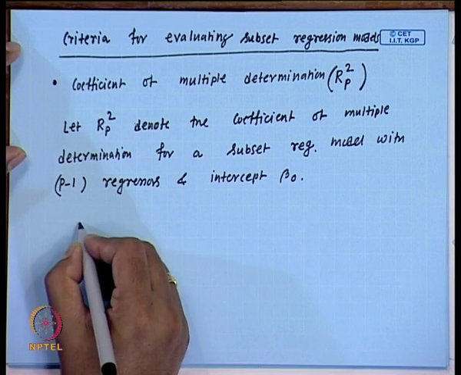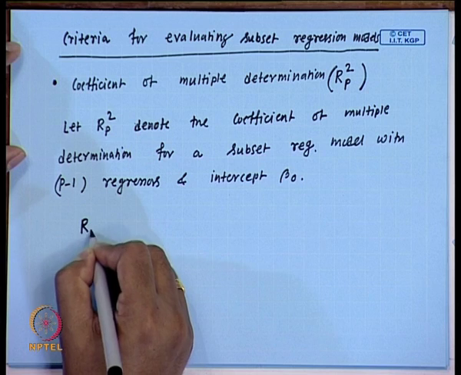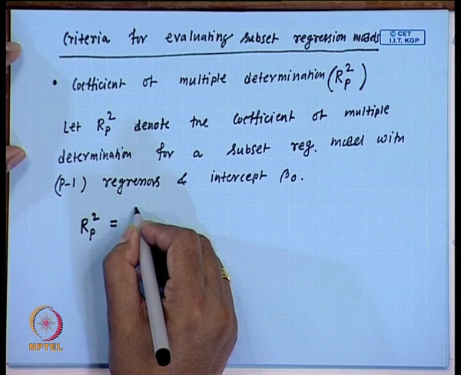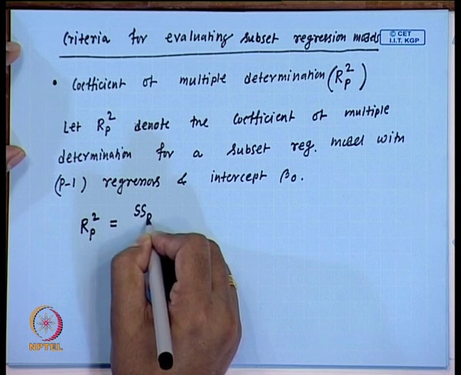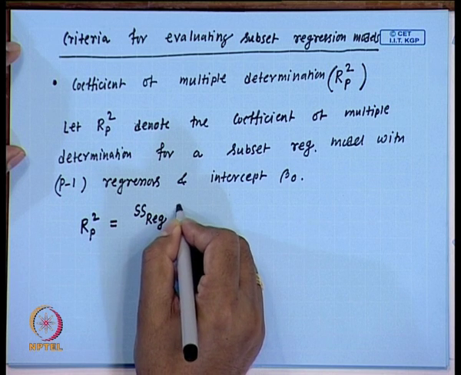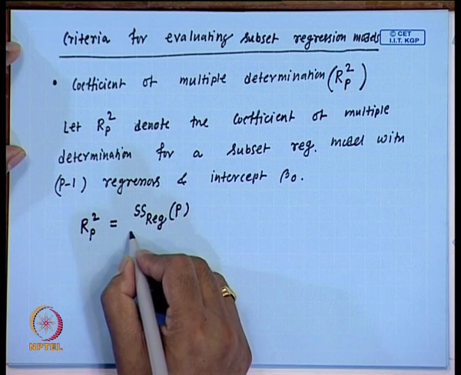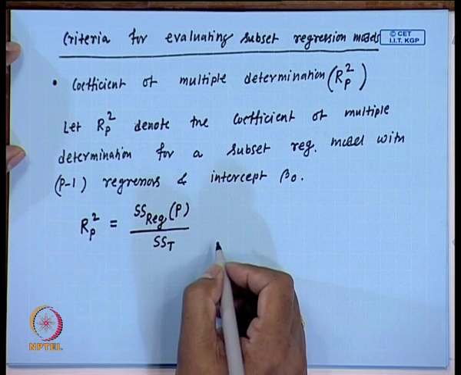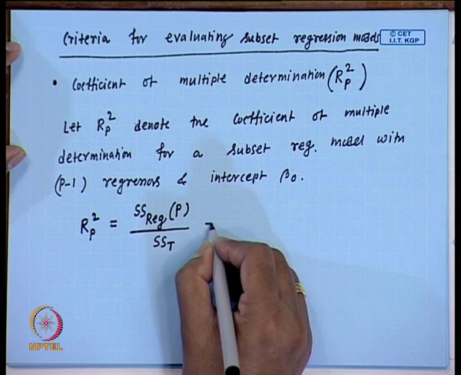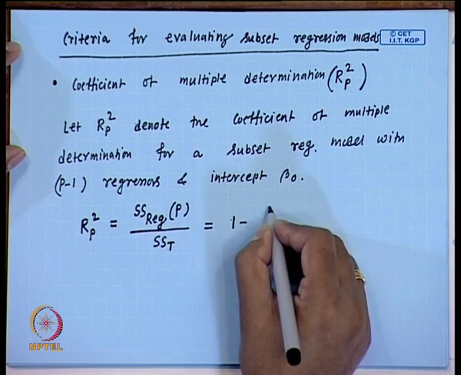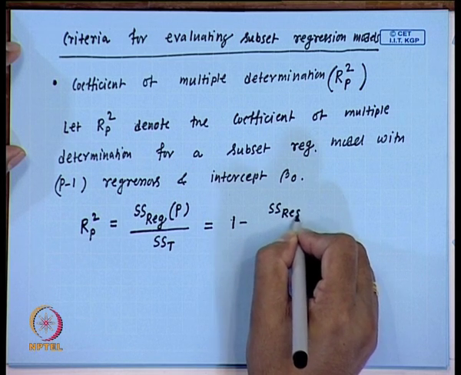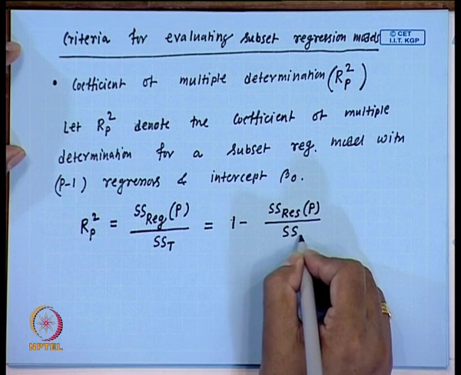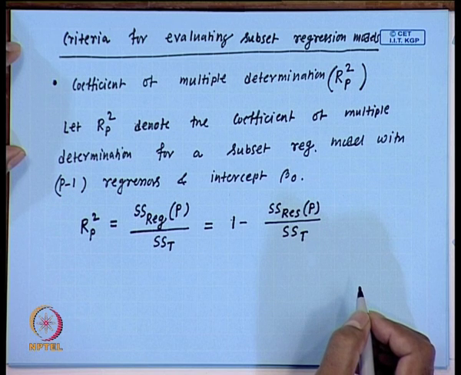So this R p square is equal to SS regression p by SS t, which can be written as 1 minus SS residual p by SS t.